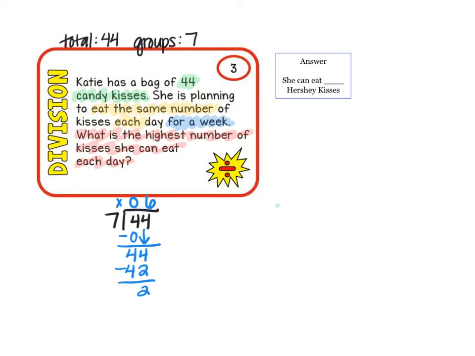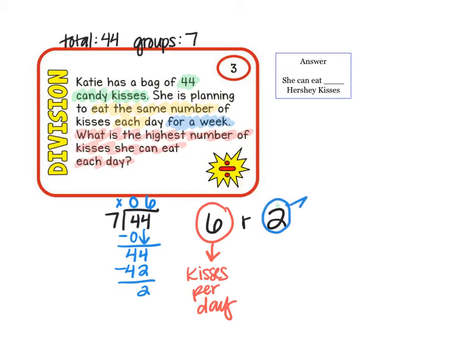So my quotient is 6, remainder 2. Well, this 6 tells me that I'll have this number of kisses each day. That's how many kisses I can make into 7 groups.